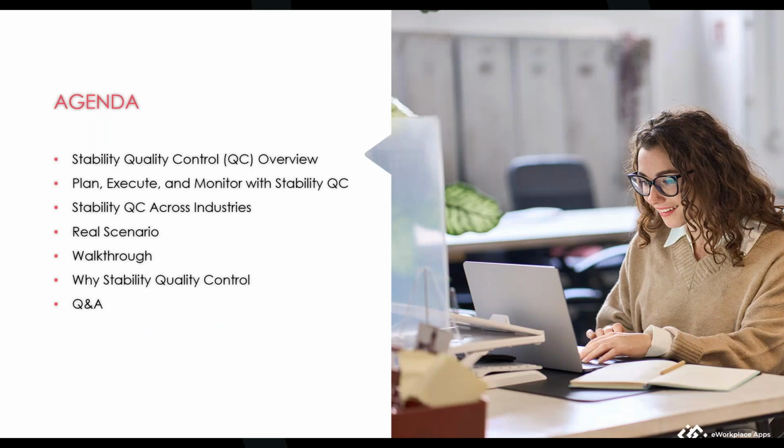We are going to spend a little bit of time talking through stability and quality control and give an overview, and then talk through what we're doing related to planning, executing and monitoring, how this affects various industries and scenarios. We're going to step through the product and then wrap up.